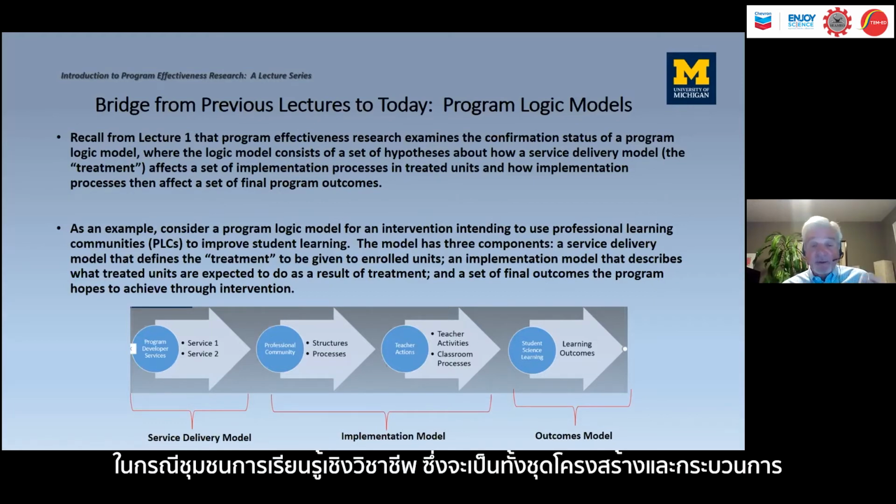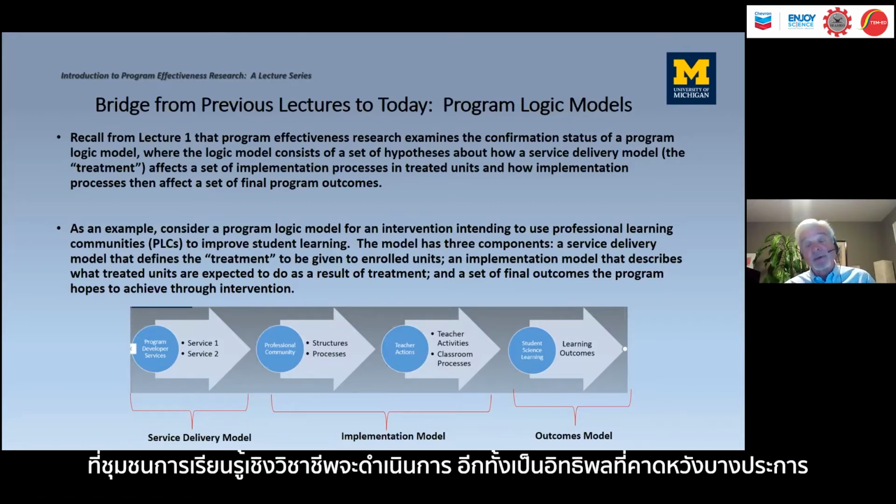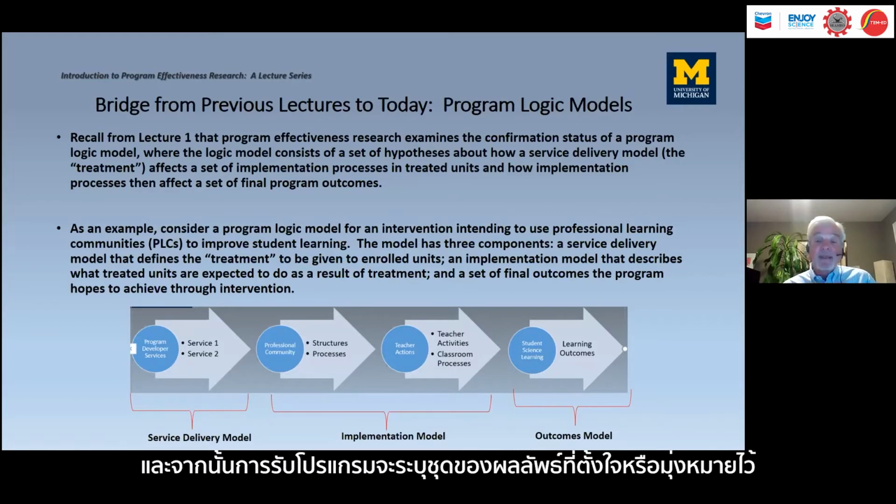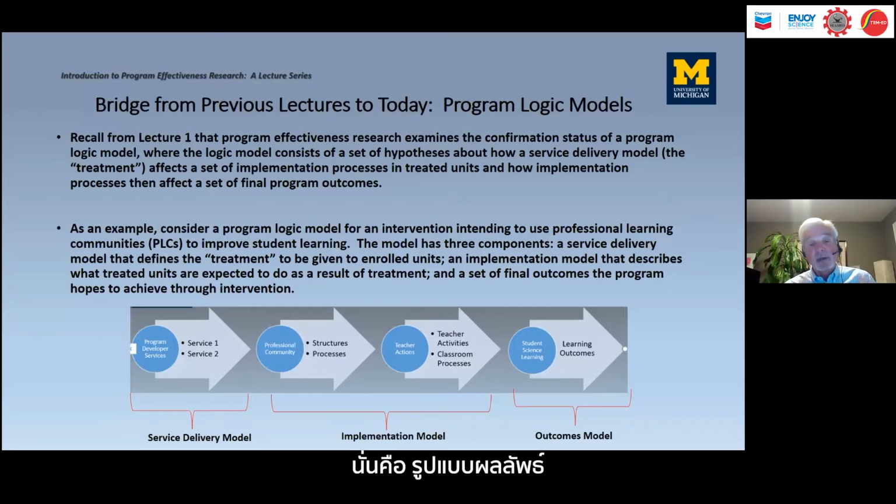In the professional community case, that will be both a set of structures and processes by which the professional community will operate, and some expected effects on teaching and learning activities in classrooms. And then the program specifies a set of intended outcomes. That's the outcomes model. So that's the idea of a logic model, which we have discussed on several occasions in this lecture series.